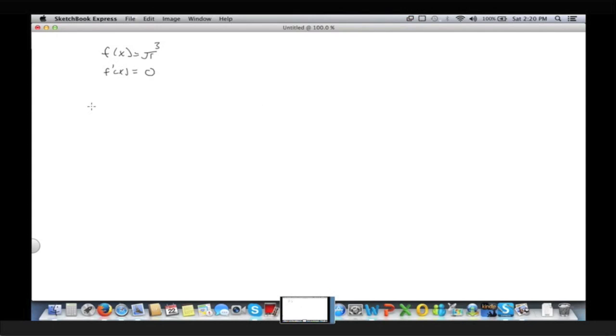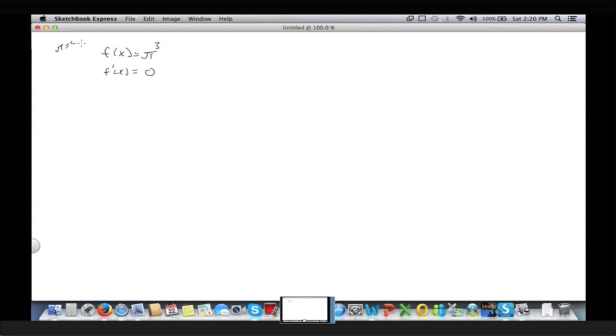Okay, excellent. Good. So I was trying to trick you into using the power rule and saying that this was 3 pi squared. But remember, the power rule only applies when the base is a variable. But pi is a constant. So this is really just a complicated way of writing a constant function.